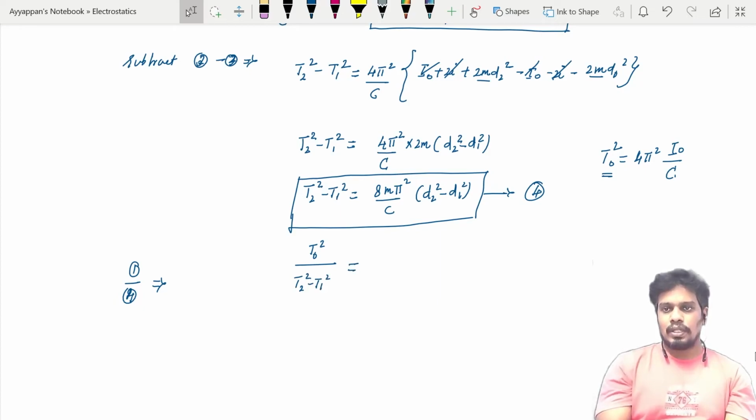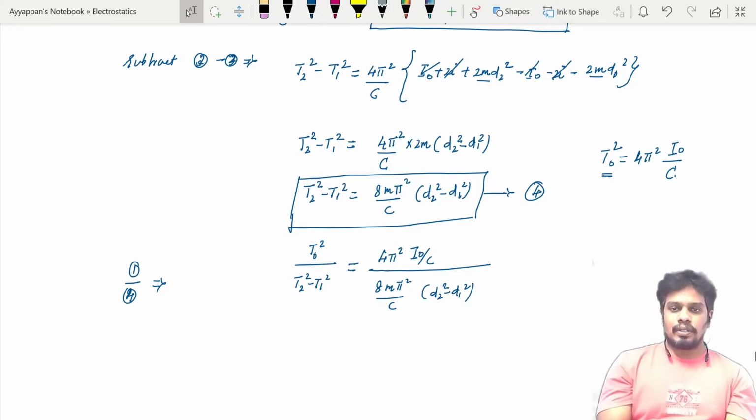That should be equal to the right hand side of the first equation, 4 pi square I naught divided by C, divided by the right hand side of the fourth equation, 8m pi square by C, times d2 square minus d1 square.